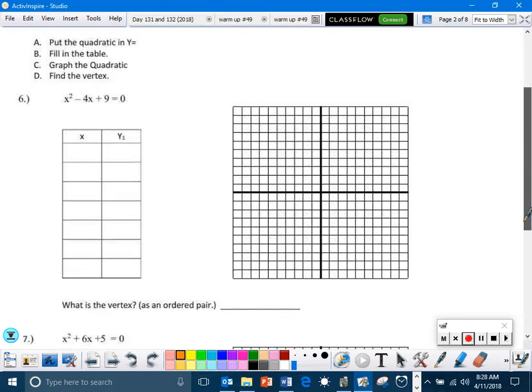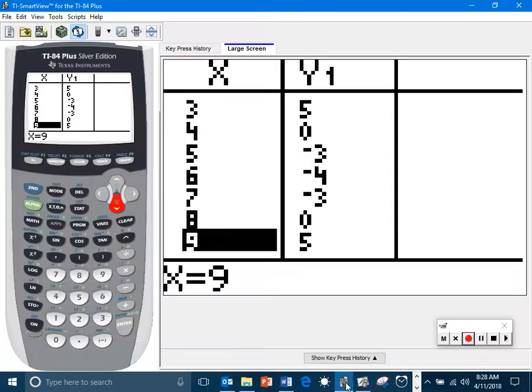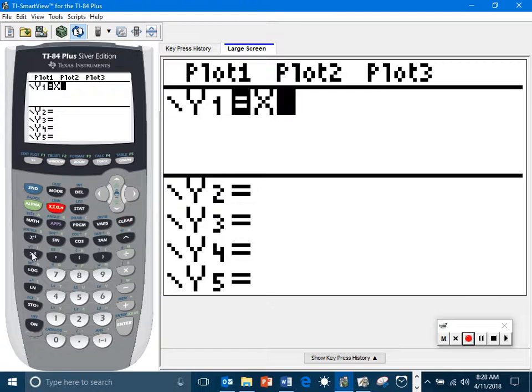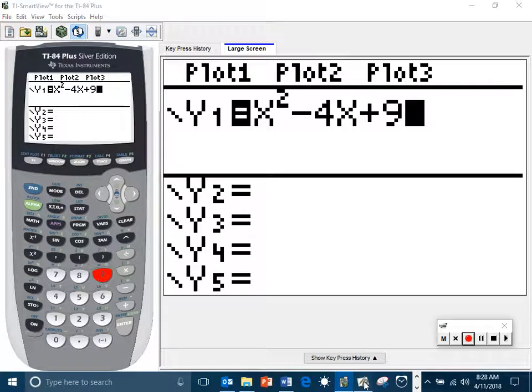Okay, so in the next one, we're going to do the same thing, except this time we're going to be interested in finding the vertex. So the first thing we need to do is type this into our calculator. Okay, let me double check that I typed it in right.